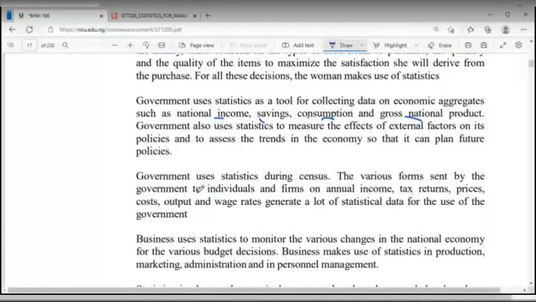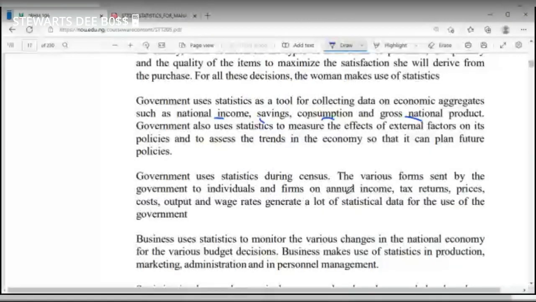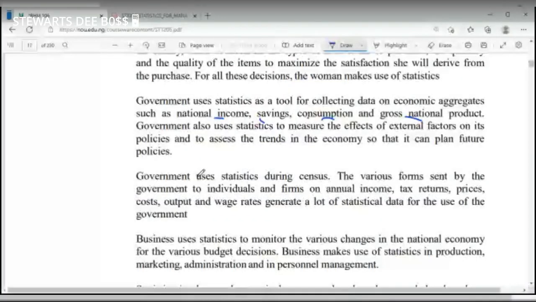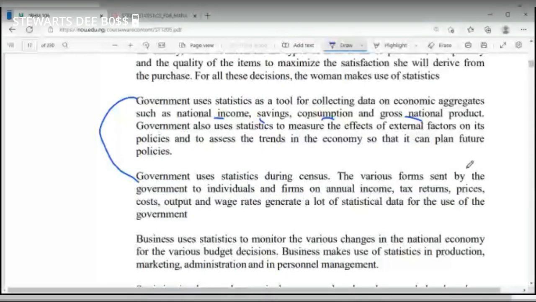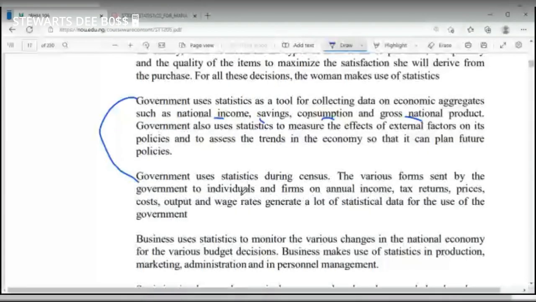The various forms sent by the government to individuals and firms on annual income, tax returns, prices, costs, output and wage rates generate a lot of statistical data for the use of the government. That's another way that government uses statistics.